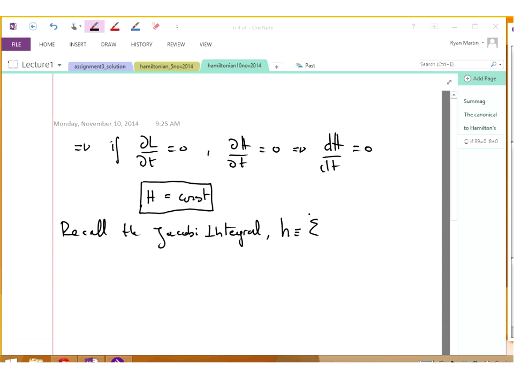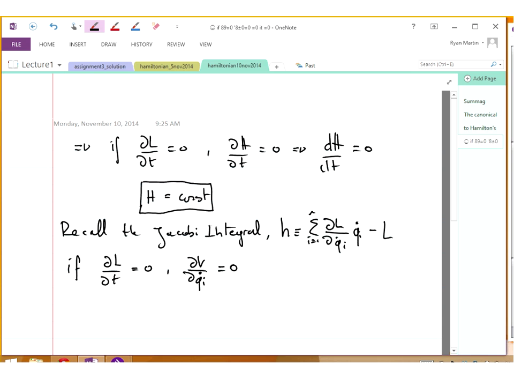And that was given by the sum from i equals 1 to n of ∂L/∂q_i dot times q_i dot minus L. And if ∂L/∂t equals 0, and the potential ∂V/∂q_i dot equals 0.